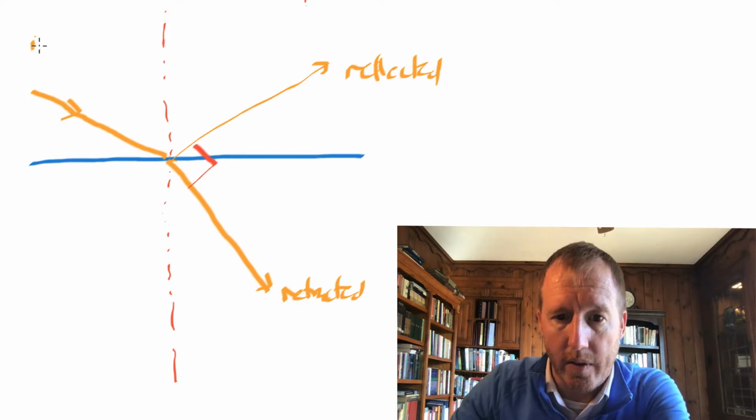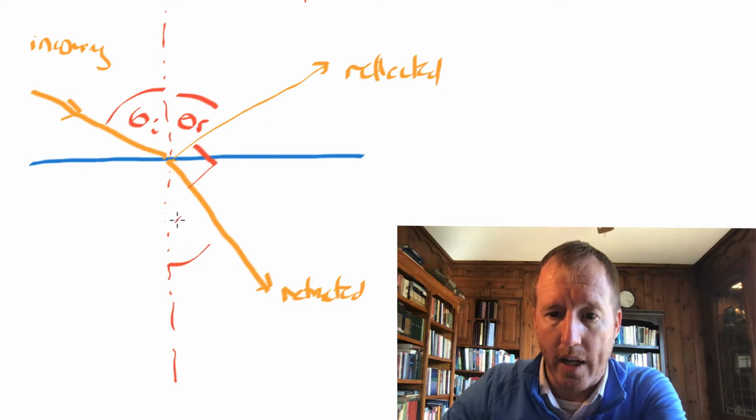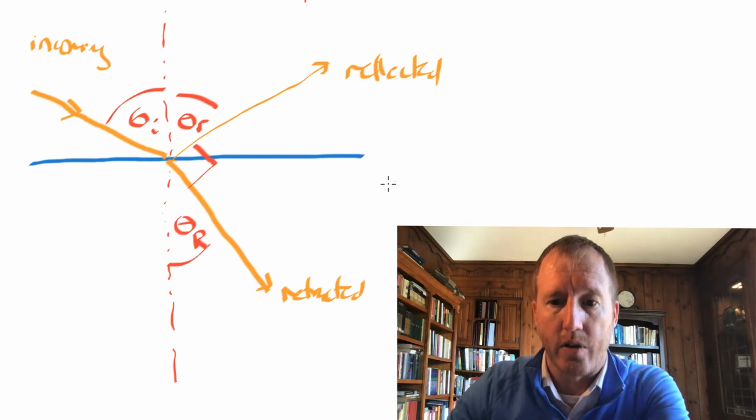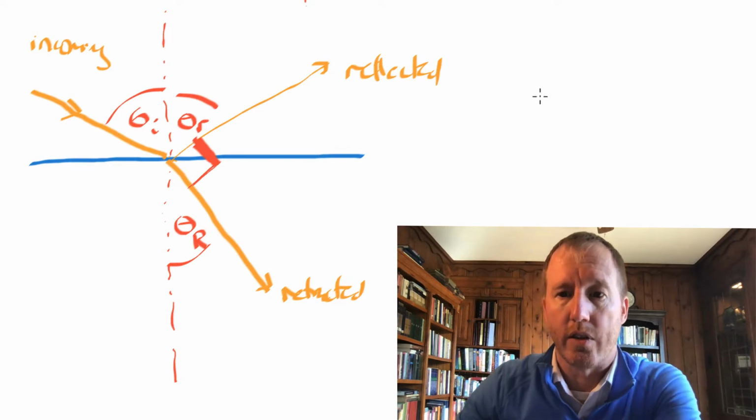Okay, the incoming ray and the reflected ray, and of course, as always, the angle of incidence is equal to the angle of reflection, and this would be the angle of refraction. I'm going to draw once again a capital R for the refraction, but now we have the particular case where there's a 90-degree angle between the reflected and the refracted.